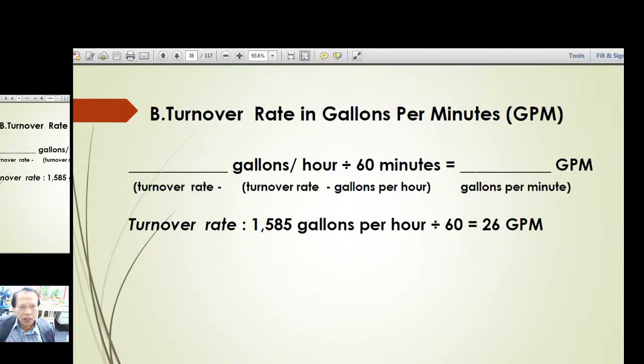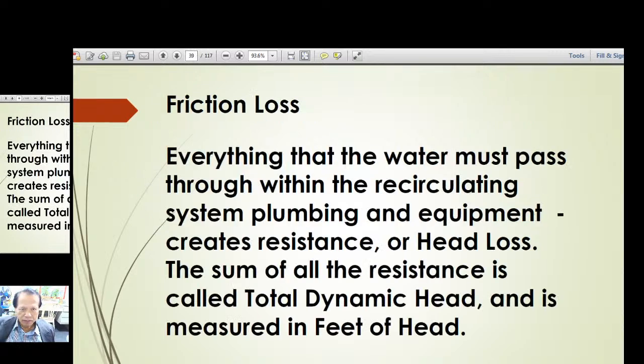Okay, turnover rate in gallons per minute: turnover rate in gallons per hour divided by 60 minutes is equal to gallons per minute. So 1,585 per hour divided by 60 is equal to 26 gallons per minute. So now it's becoming clearer how big your pump is. We should be near this 26 gallons per minute.